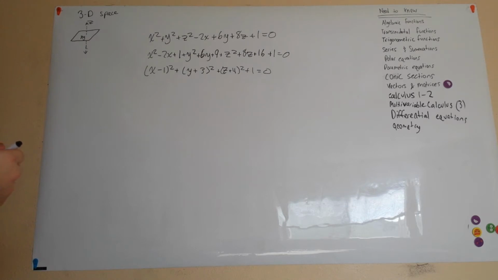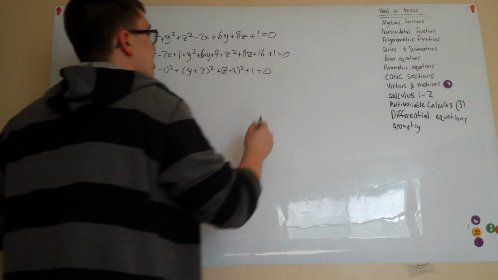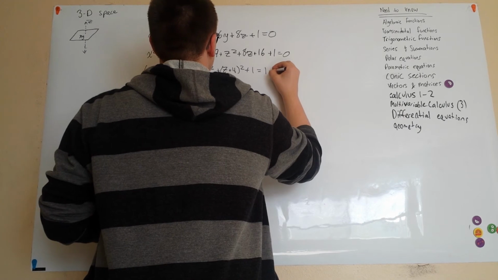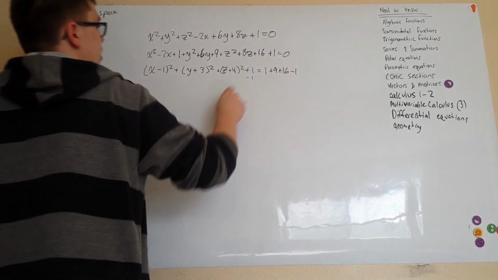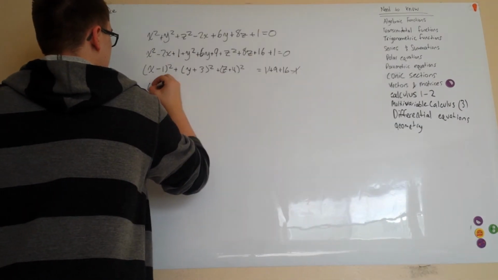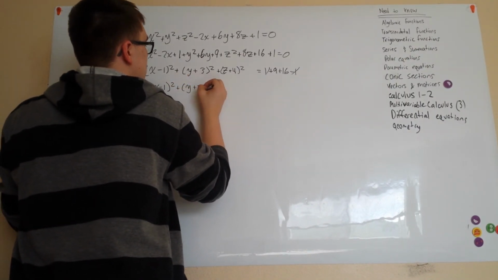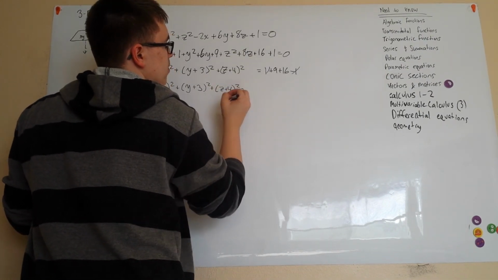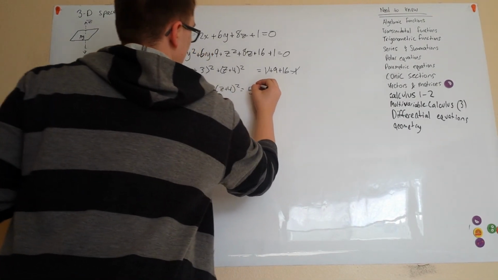But if we're adding 1 and 9 and 16, we're going to have to add it to the other side. And we can subtract our 1, and that will just give us 0. This will cancel out. So we get x minus 1 squared plus y plus 3 squared plus z plus 4 squared equals what? 25, which is 5 squared.